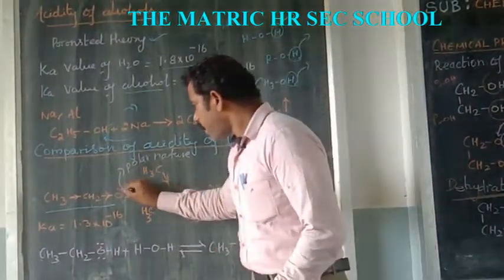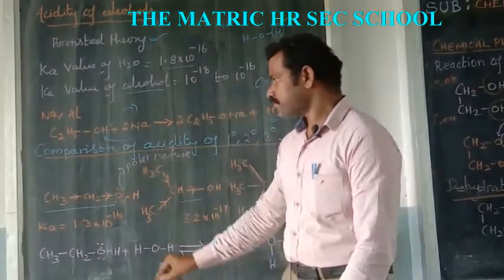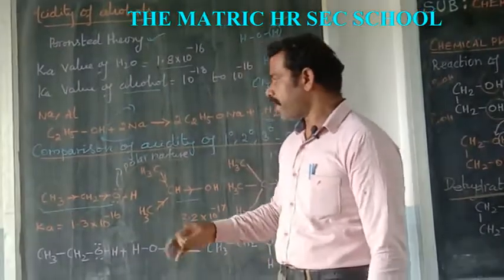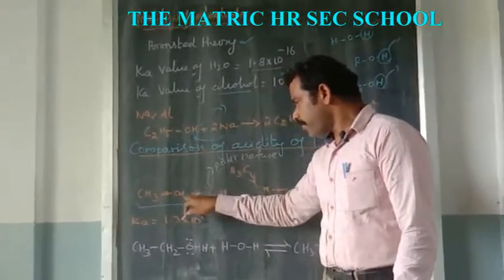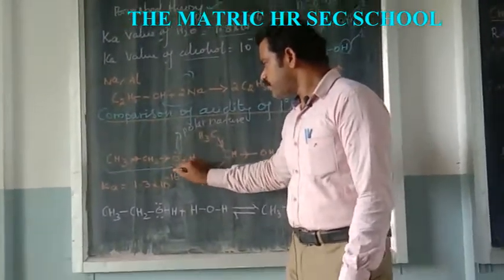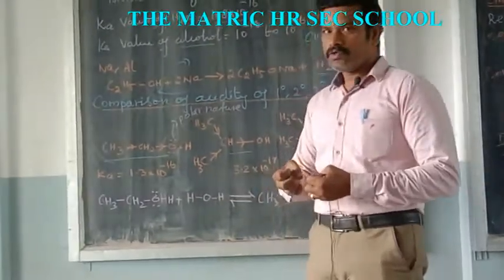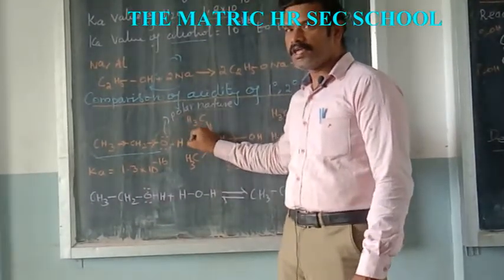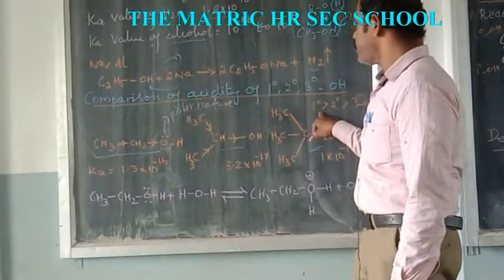You know the oxygen already has two lone pairs of electrons. The alkyl group is an electron releasing group. So the electron is released toward the oxygen, the oxygen is electron rich, and so the hydrogen is easily removed.